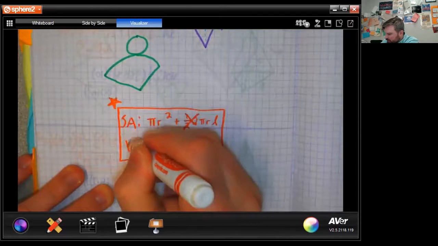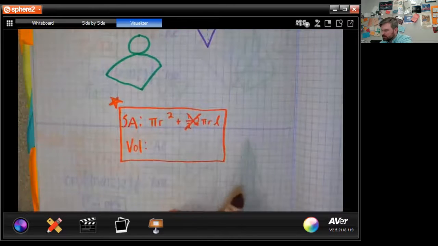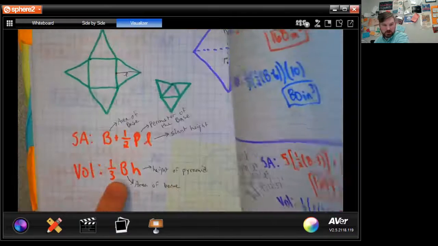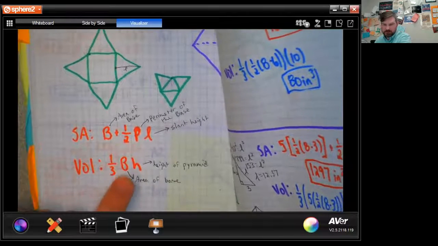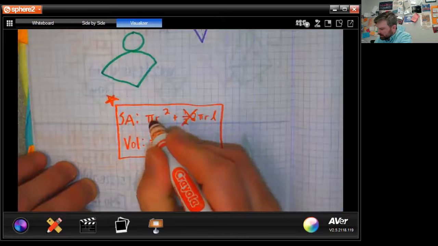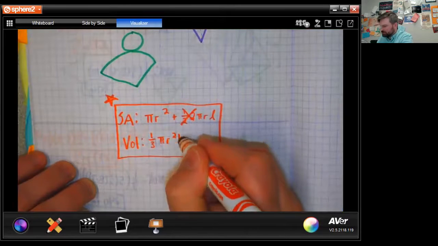Okay, and for volume, we're still going to use this 1/3 area of the base times height. So we have 1/3 area of the base, which was pi r squared times the height.